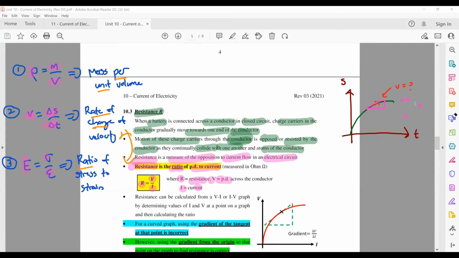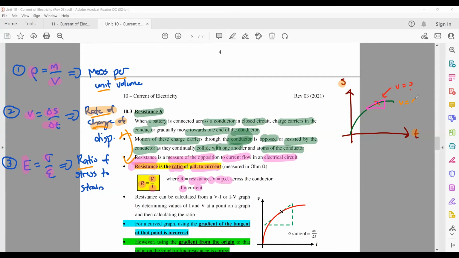Sorry, maybe I better write this in a different color. If you have a graph of displacement versus time here, because velocity is defined as rate of change of displacement, if I ask you what's the velocity here, it will be the gradient of the tangent.